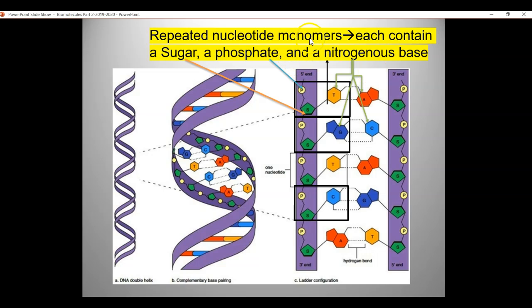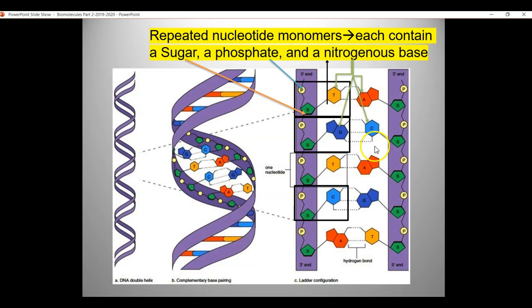Alright, repeated nucleotide monomers each contain a sugar, a phosphate, and a nitrogenous base. Again, in DNA you have adenine, thymine, guanine, and cytosine. A bonds to T, apple to tree, and C bonds to G, car to garage. If you notice, there's 2 apples per tree. They have 2 hydrogen bonds between them. And there's 3 cars in one garage. They have 3 bonds between them.